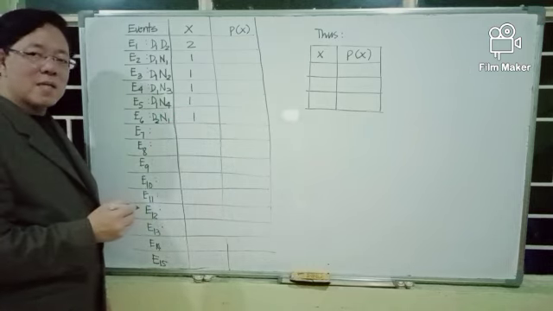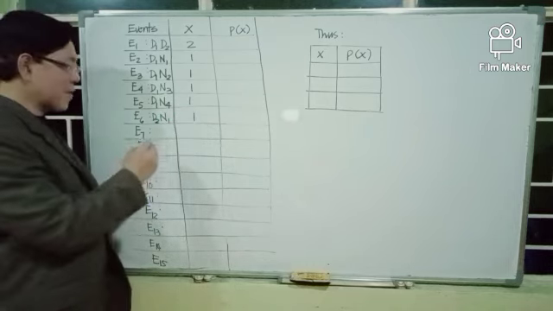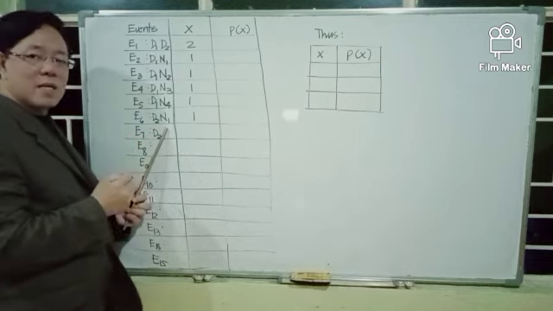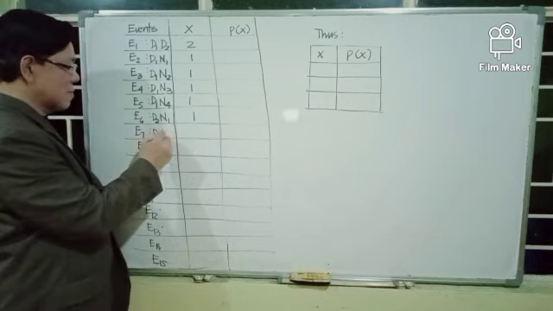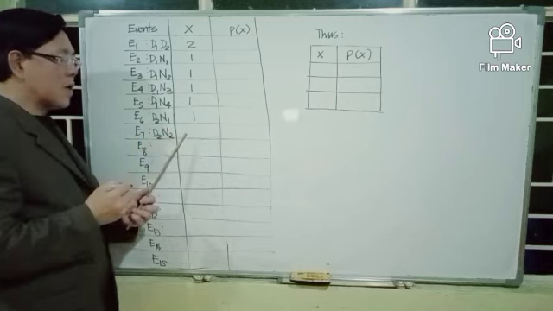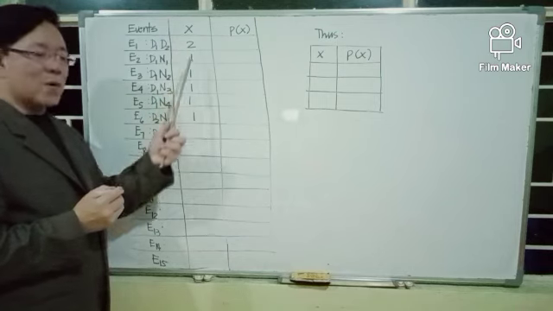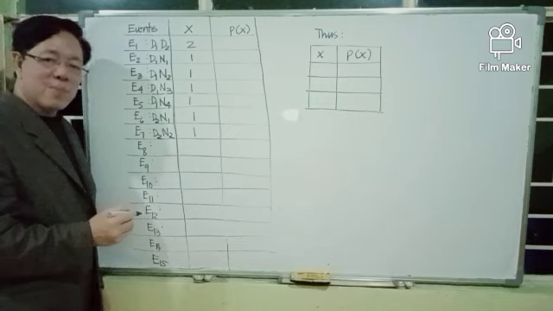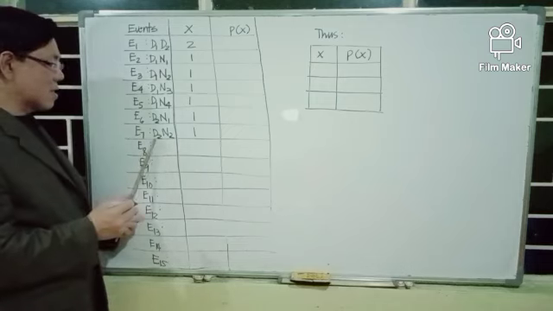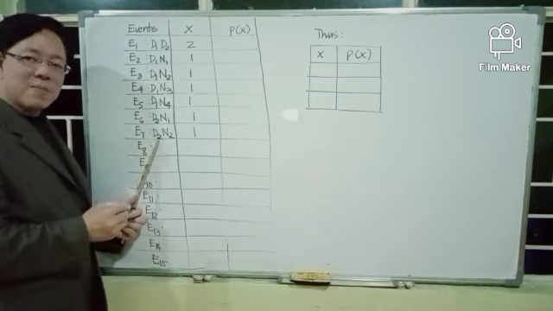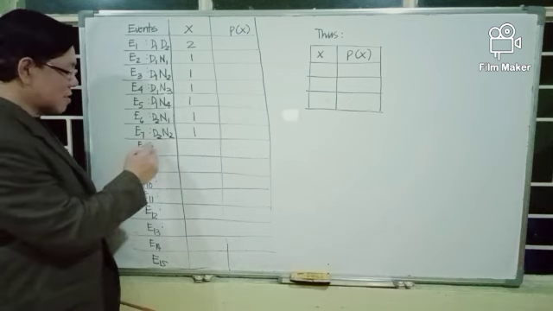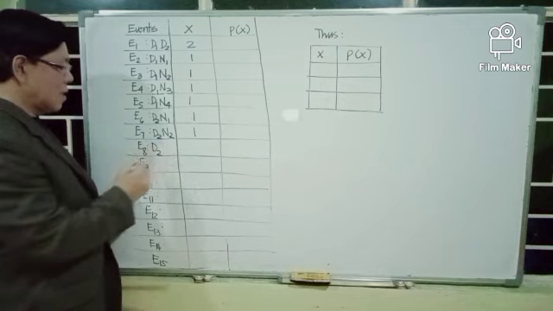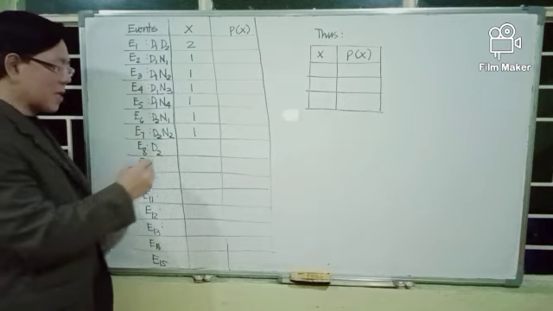Another possibility, the customer selected the second defective and the second non-defective appliance. The value of the random variable x for this event is 1. Another possibility, the customer selected the second defective item and the third non-defective appliance.